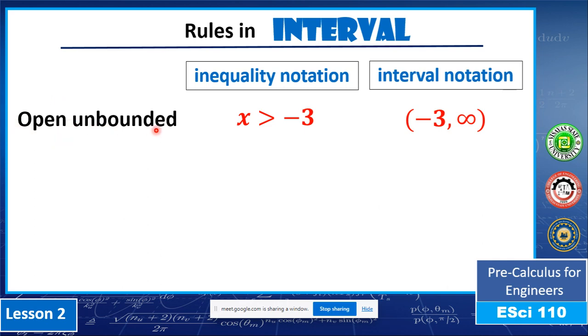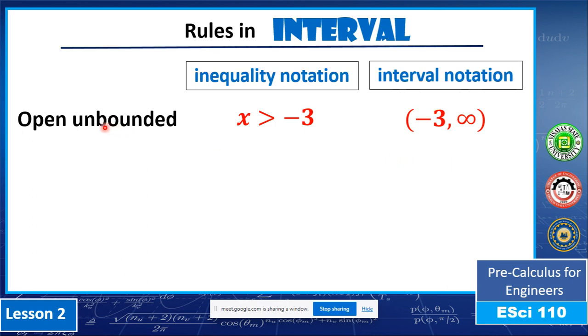How about unbounded, class? Unbounded means there is no limit. For example, for this inequality, x is greater than -3. Meaning the values start from more than -3 up to positive infinity.